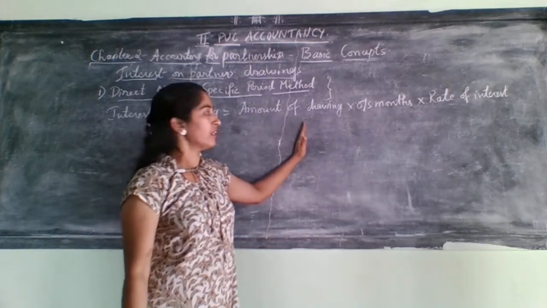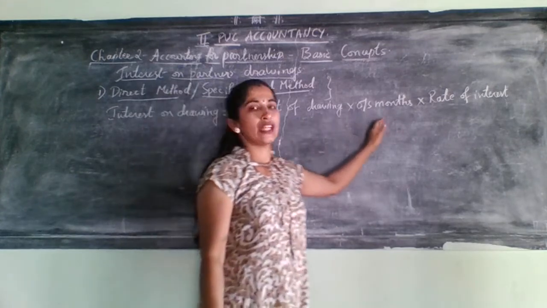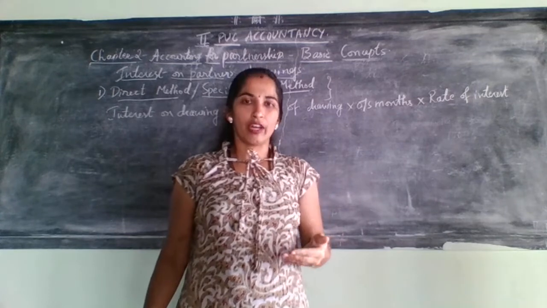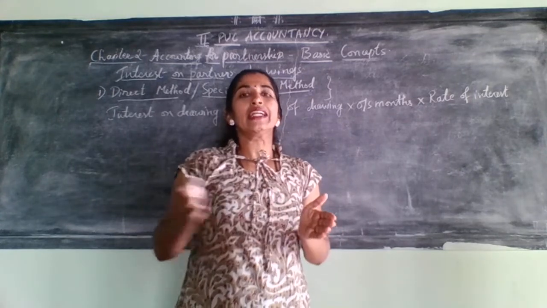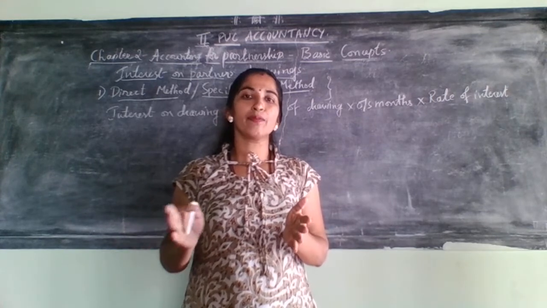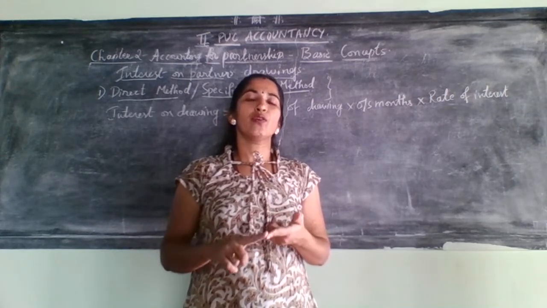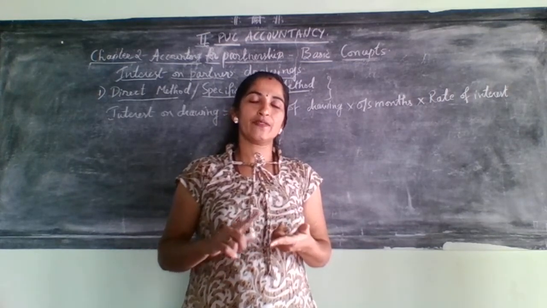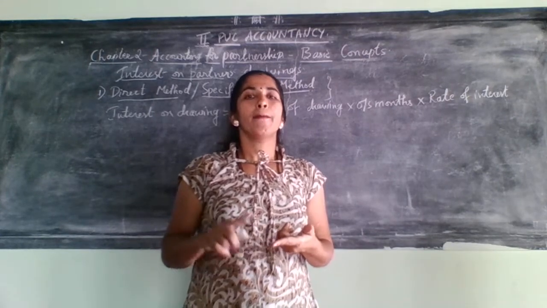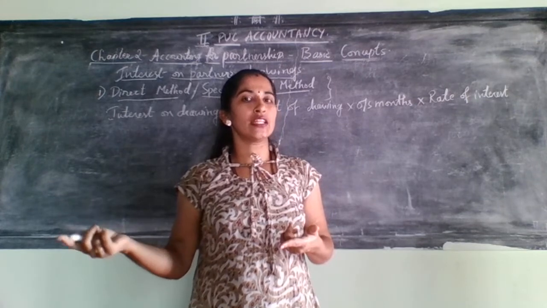Amount of drawing they will give you, and outstanding months. Outstanding months means from the date they withdraw the drawing till the end of the year. Say for example, they have withdrawn rupees 5,000 on 1st June, but the year ending is on 31st March.